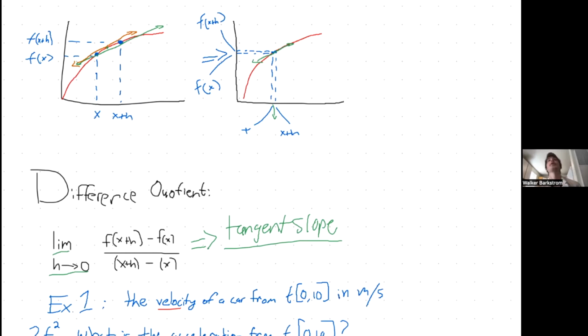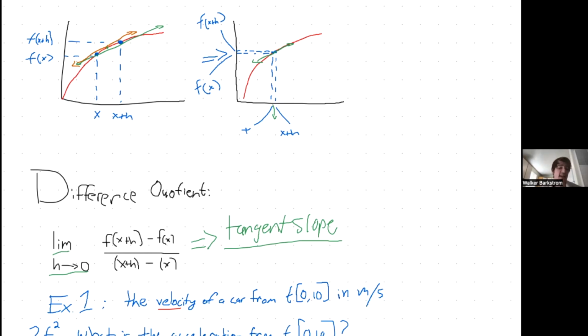The relationship between velocity and acceleration is that acceleration measures how fast something is speeding up or slowing down. So it's effectively the rate of change of velocity, or the derivative of velocity. It would be really easy to solve this if velocity was a linear equation.